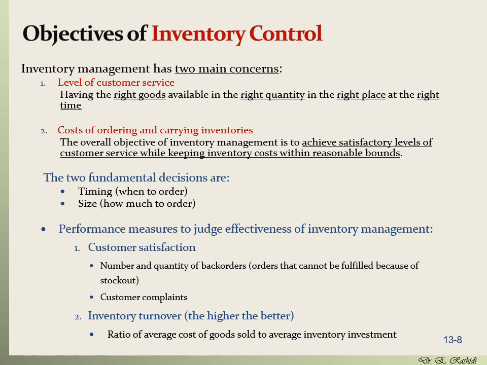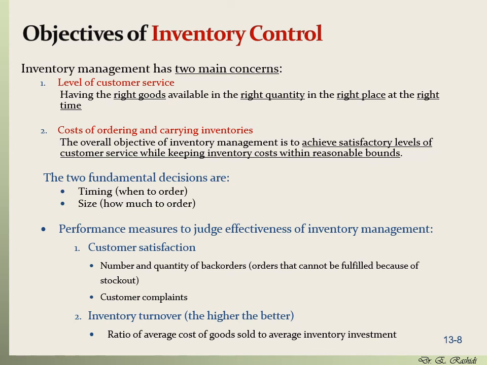How can we judge the performance of an inventory management or inventory control policy? The performance measures to judge effectiveness of inventory management can be summarized by two. First is customer satisfaction, which is the reason for the inventory. You want to maintain a level of customer service.